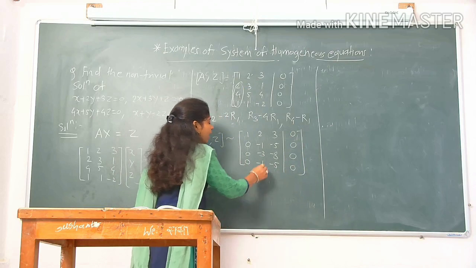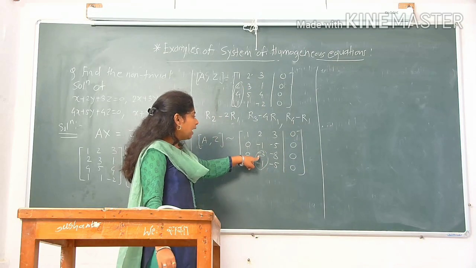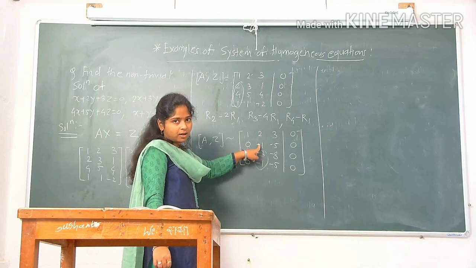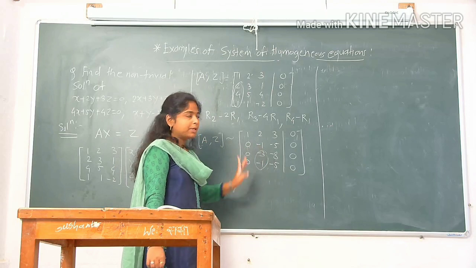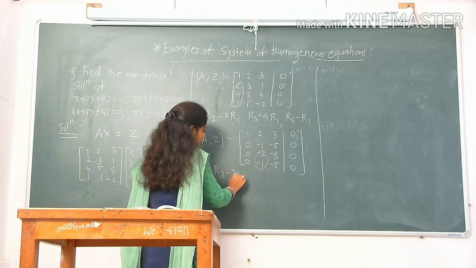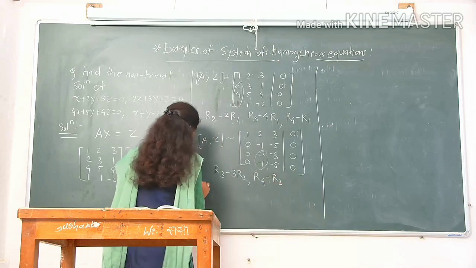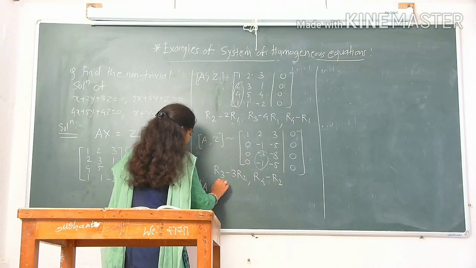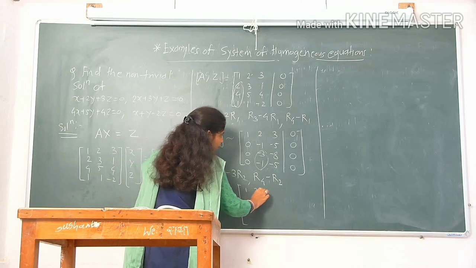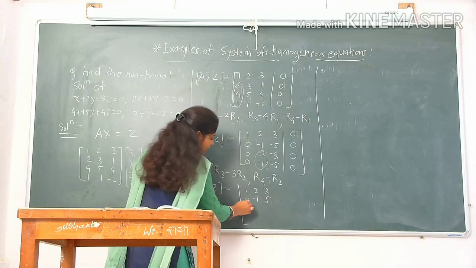Now we have to make these elements to be 0. So by performing R3 minus 3R2 and R4 minus R2, we can get these elements to be 0. So R3 minus 3R2, R4 minus R2, we get augmented matrix AZ is similar to 1, 2, 3, 0, minus 1, minus 5, 0.